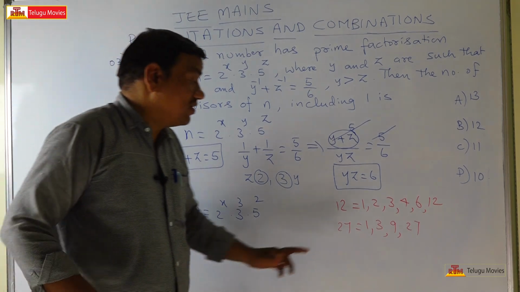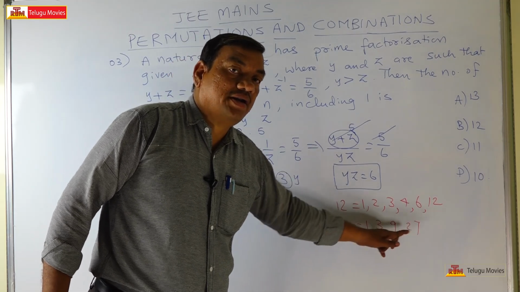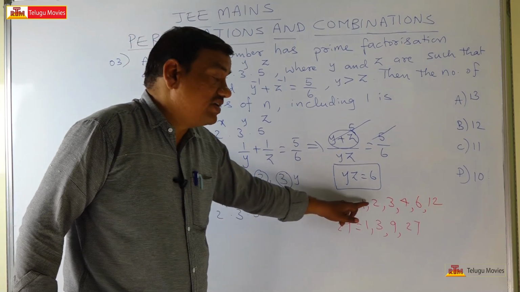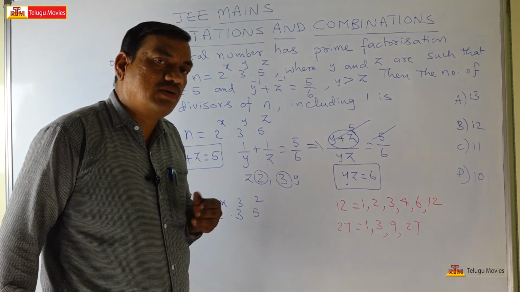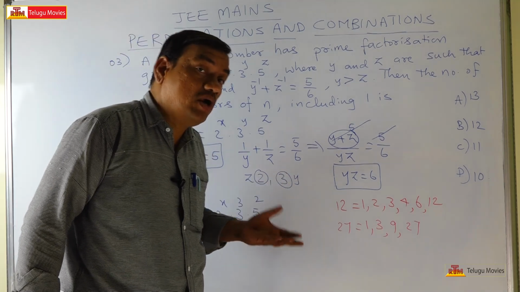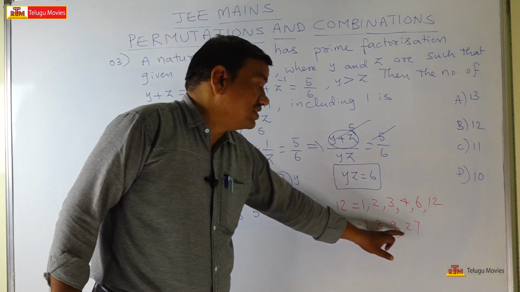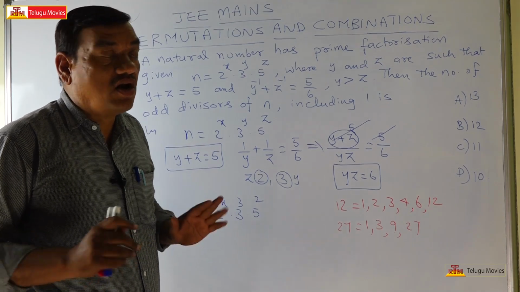If you observe, all are odd numbers. That means for an even number, the divisors are some even, some odd, whatever. If it is an odd number, all divisors are odd numbers.